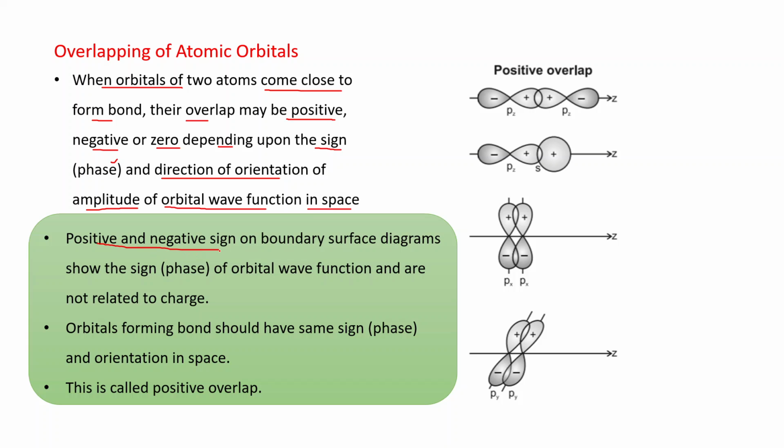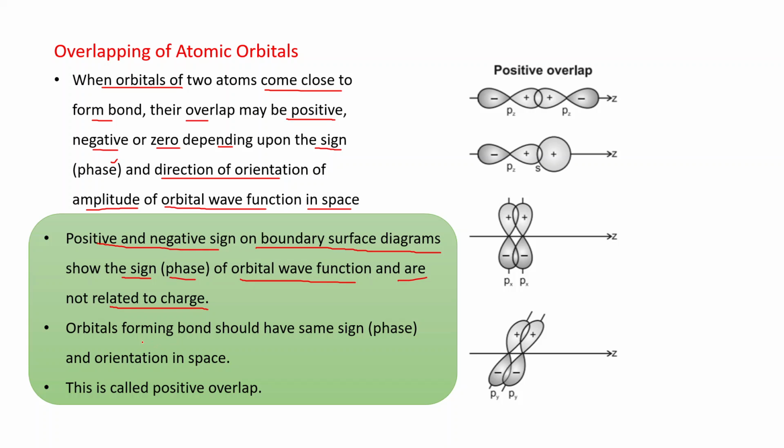Positive and negative signs appear on boundary surface diagrams. We have discussed these boundary surface diagrams. When we represent the orbitals as boundary surface diagrams, we mention the positive and negative sign. These signs show the sign or phase of the orbital wave function and are not related to charge.